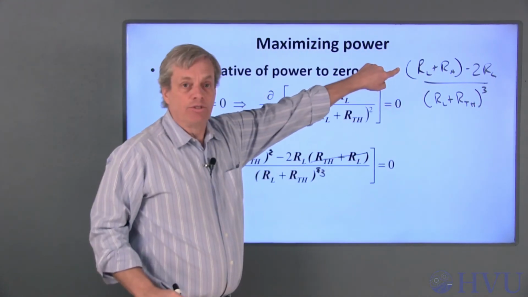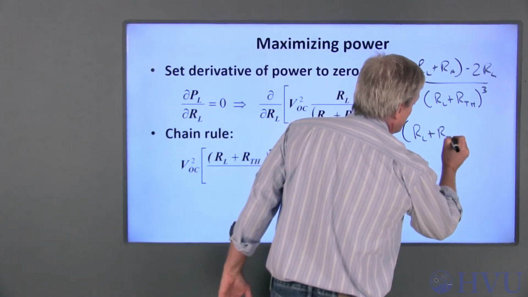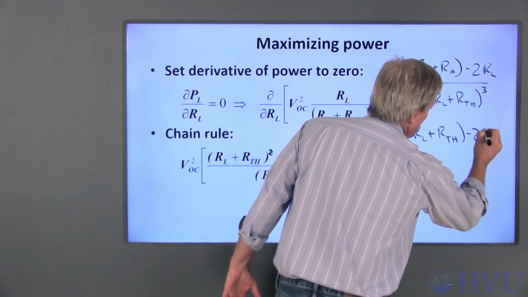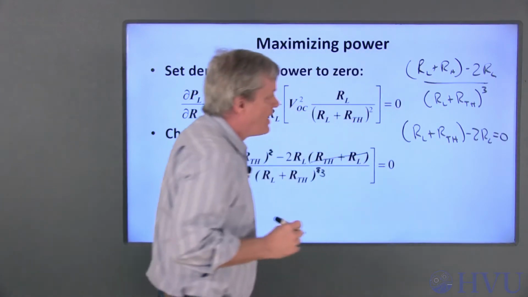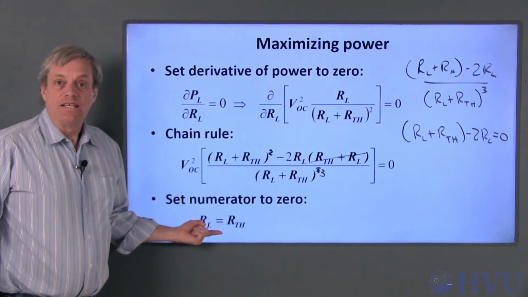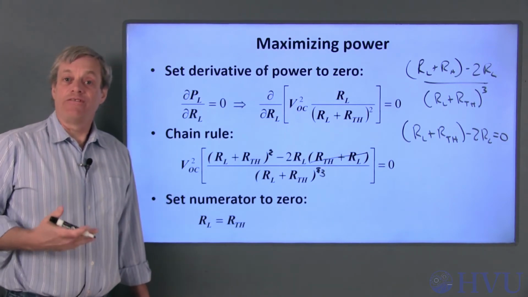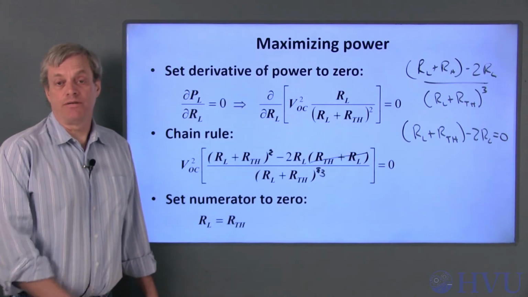Setting the numerator equal to 0 now says that RL plus RTH minus 2RL is equal to 0. And solving that for RL results in RL equal to RTH, or that the load resistance should be set equal to the Thevenin resistance of the source circuit.